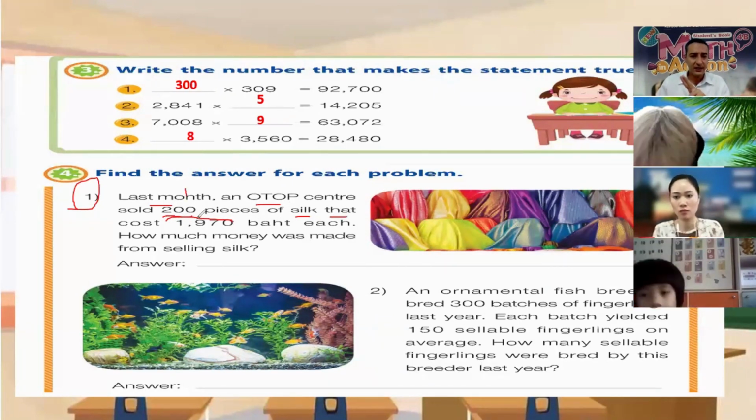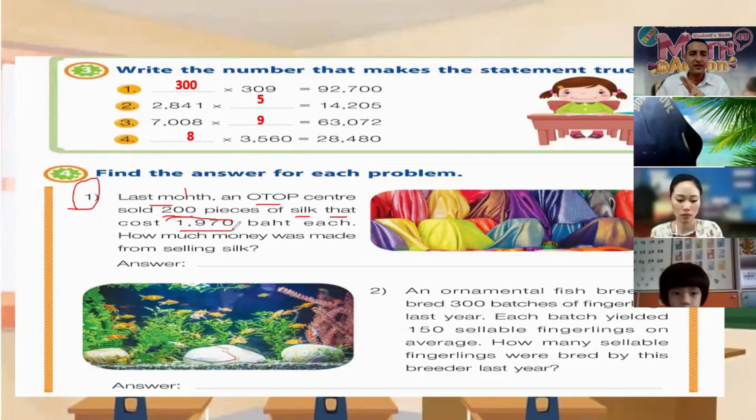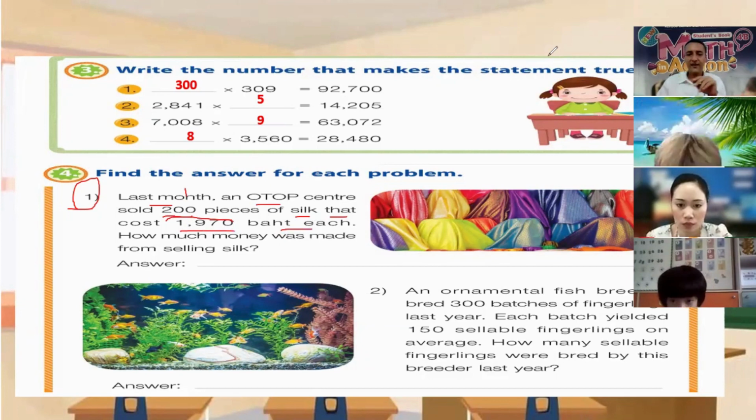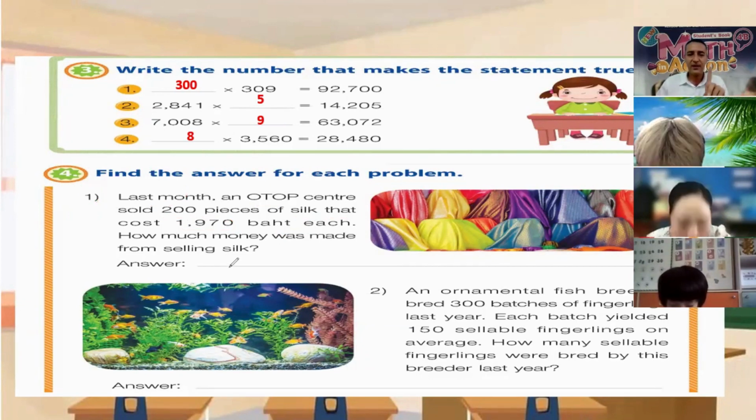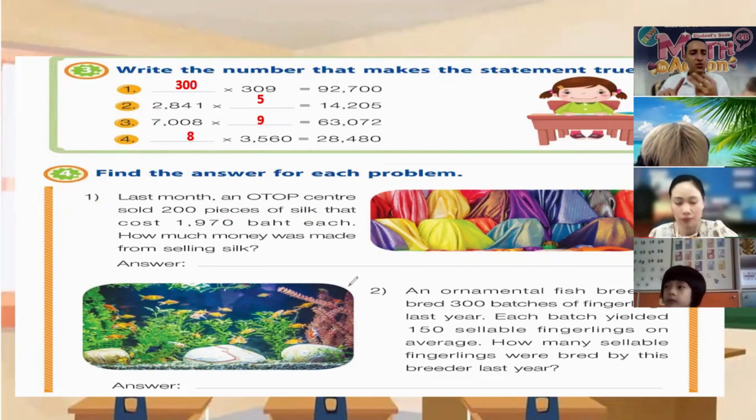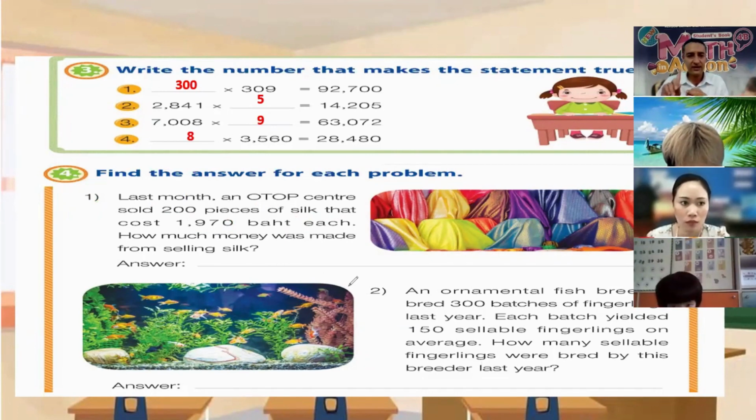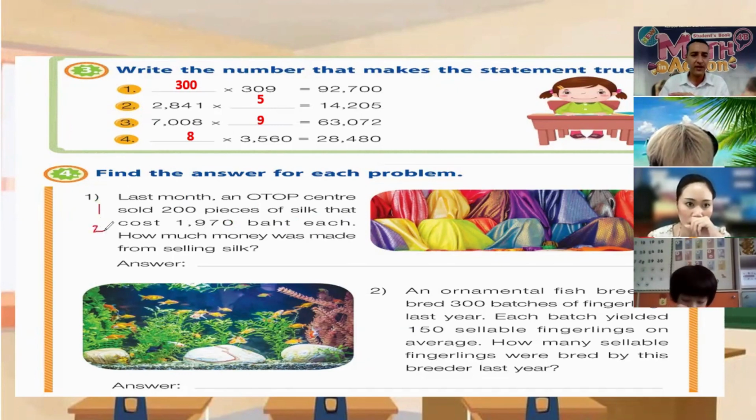That cost 1,970 baht each. Okay, so now we have two pieces of information. The OTOP center sold 200 pieces, and one piece of silk costs 1,970.